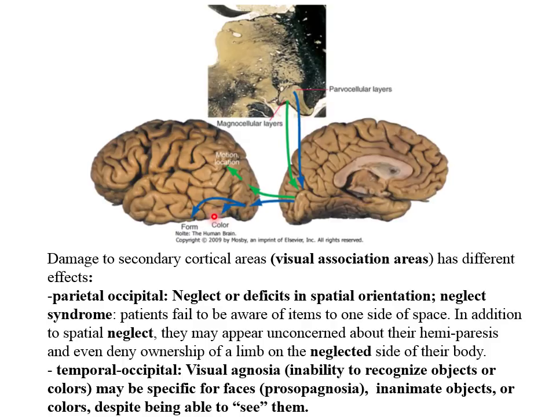Damage to this region results in a visual agnosia, inability to recognize objects or colors. And it may be specific for faces, in which case it's called prosopagnosia, or to recognize inanimate objects, or to recognize colors, despite having no visual field deficit in the contralateral side.